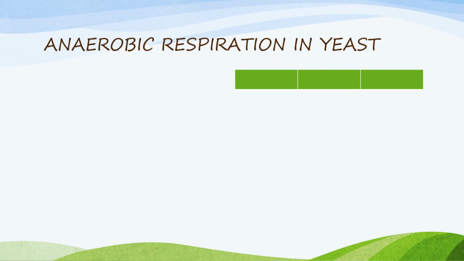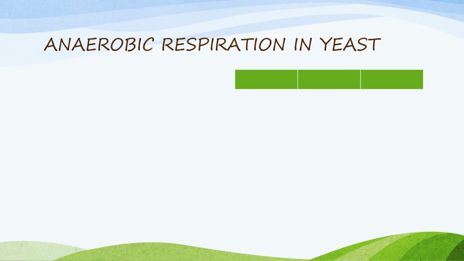Anaerobic respiration in yeast. What is yeast? You know that dried yeast you must have seen. You must have used it in your kitchen. It looks like mustard seeds. Yeast respires anaerobically and produces alcohol, carbon dioxide and releases energy.